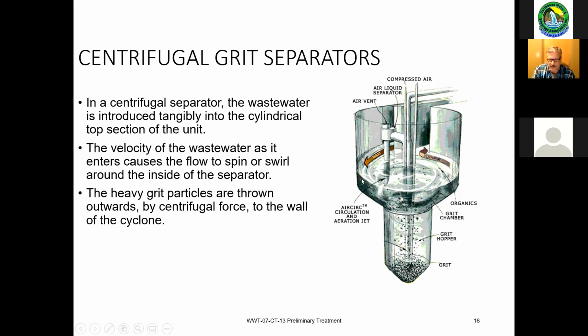You've allowed the grit to settle out. It's like any centrifugal thing. You spin it, the heavier components are going to be flung to the outside, and when they are, the grit settles down in this tank, and then it's removed. A lot of them will have some kind of a scraper system in here to keep the grit moving off the angled walls and allow it to settle out in the bottom.